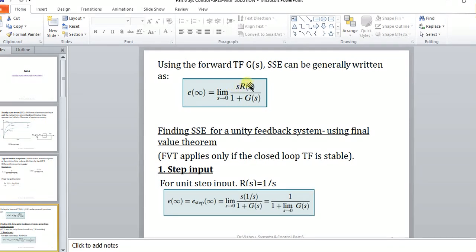Now this R(s) is 1 over s, over 1 plus G(s). Now this s will get cancelled here. So you have 1 over 1 plus limit s tends to 0 G(s). This is the case of step input.